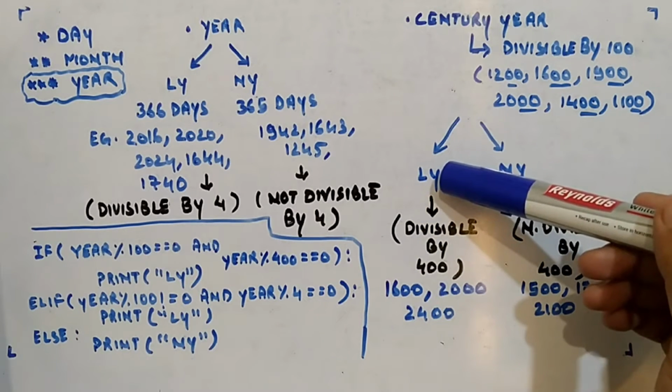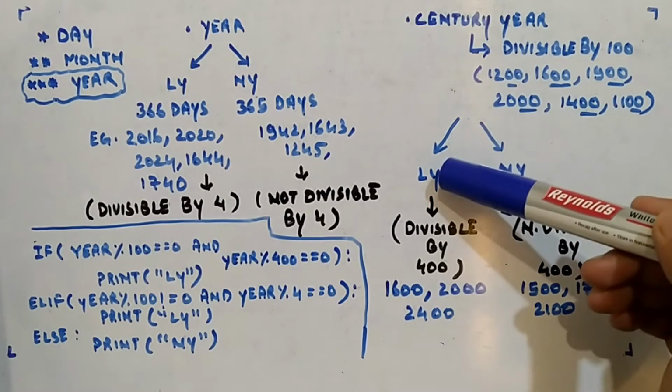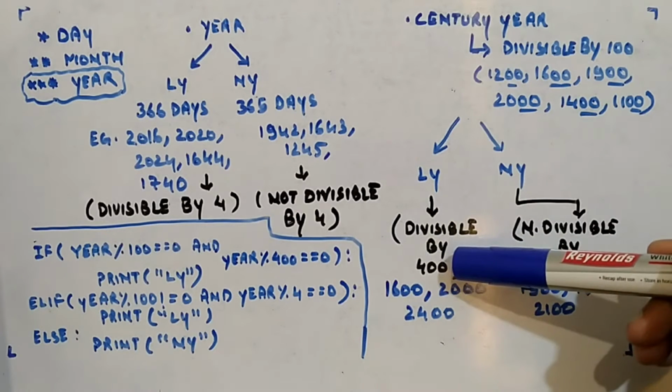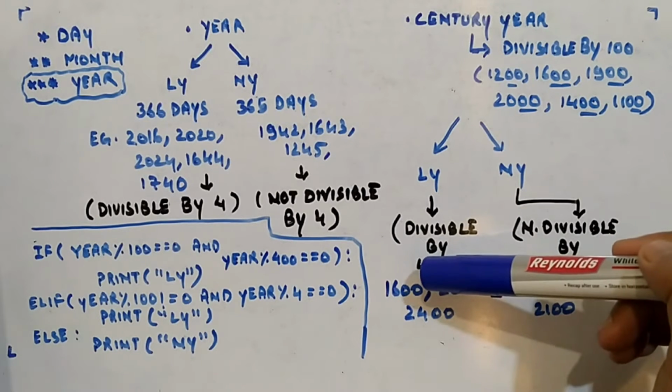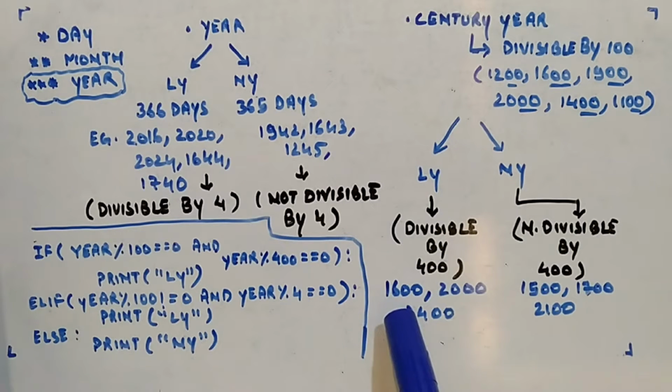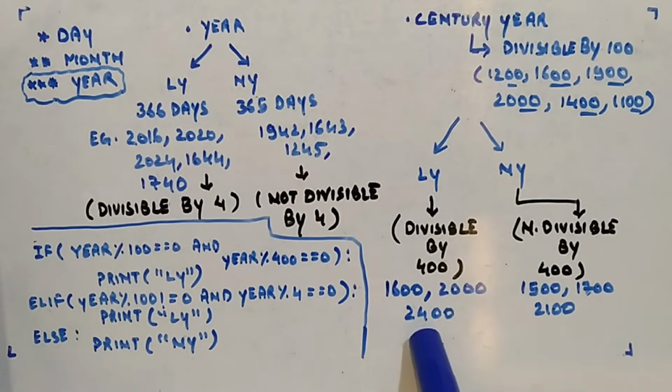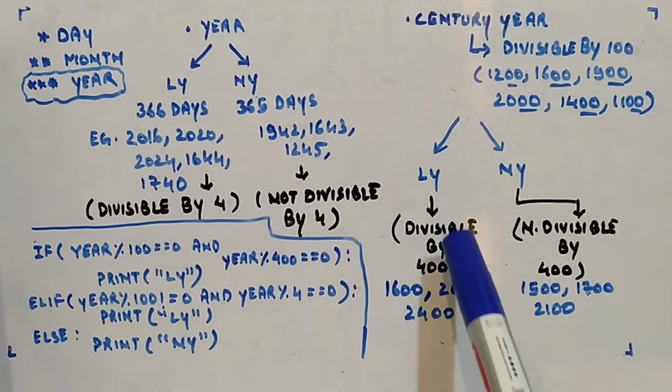A century year will be a leap year if it is divisible by 400. We are not checking 4 here, we are checking divisibility by 400. For example, 1600 is divisible by 400, 2000 is divisible by 400, 2400 is divisible by 400. These numbers are divisible by 400 and also by 100, so they are century years and divisible by 400, that is why they are leap years.